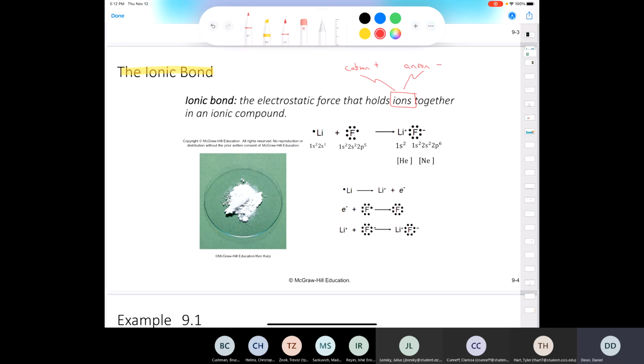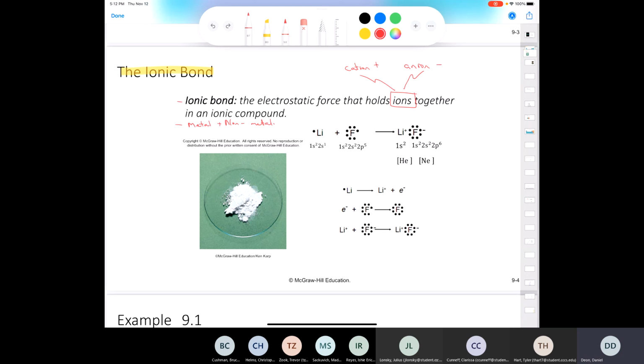So not only is the ionic bond formed by an electrostatic force that holds ions together, we know that we're going to form ionic compounds when we're dealing with a metal and a nonmetal. Again, lithium is a metal. It's on the left side of the metalloid line, and fluorine is a nonmetal.